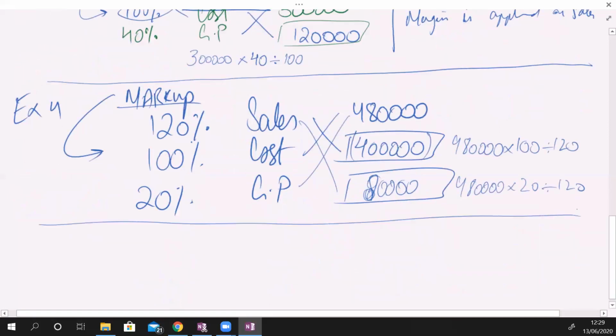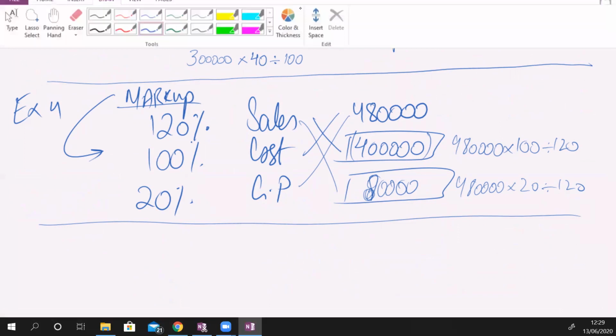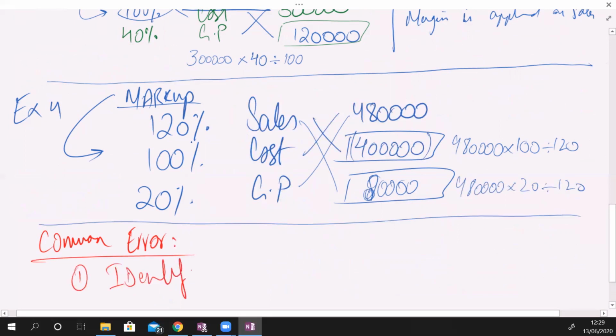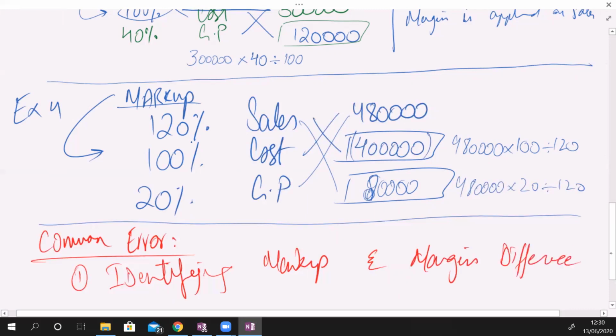Now you know the main issue. The common error is identifying markup and margin, the difference.